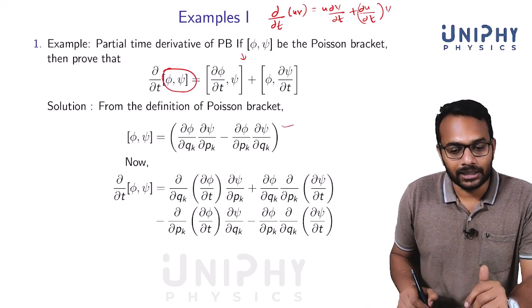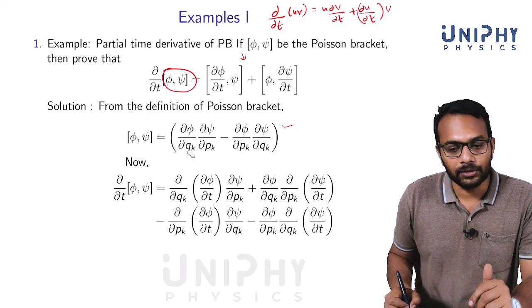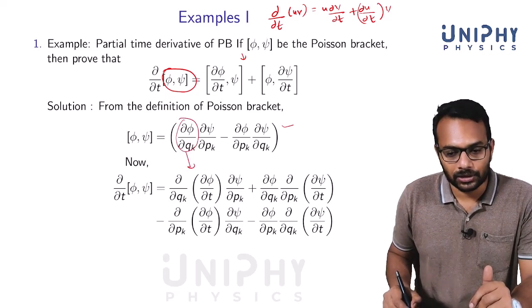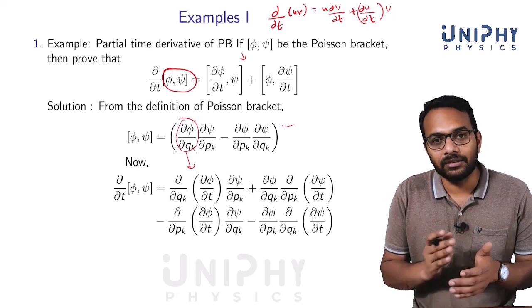Now we take the partial time derivative. We see that for each term we can use the product rule. So first we take this term and use the product rule. We also make use of the fact that the partial derivatives can be interchanged.